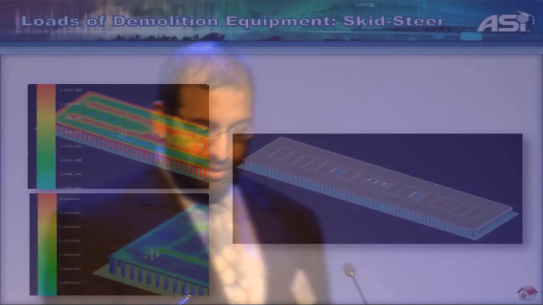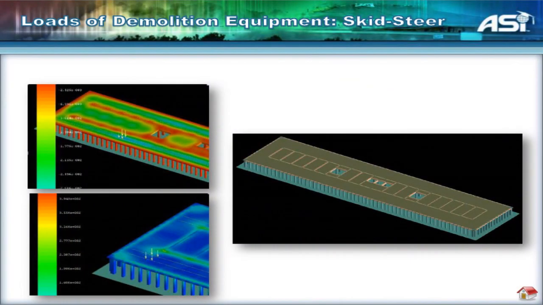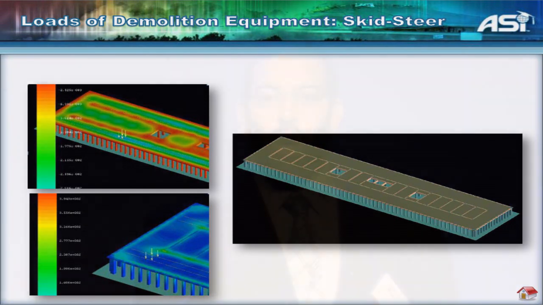This is another case. Did I skip 2 slides? No. This is another case where the demolition contractor is planning to use skid steers or bobcats on top of the slab. And again, worried about how many bobcats can I put there safely. Obviously, the contractor wants to put as much as possible without damaging the structure.